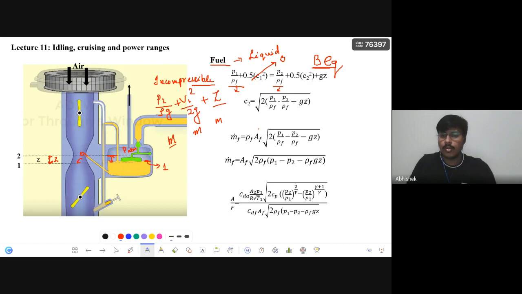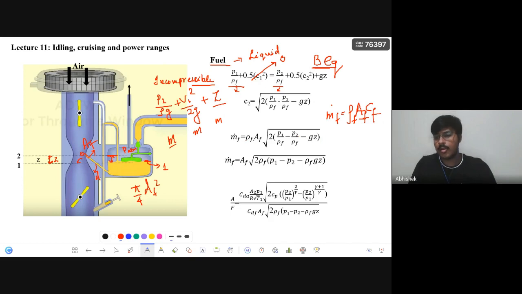Okay. Now, similarly, how to calculate the mass flow rate? It is rho f into Af into Cf. What is Af? Af is the area of this orifice outlet. Let us say the diameter will be d, so we directly calculate pi by 4 df square. So rho f into Af into the root of P1 minus P2 by rho f minus gZ.